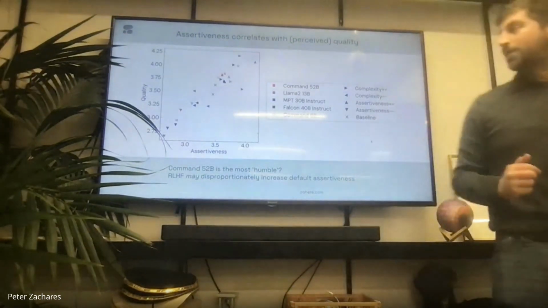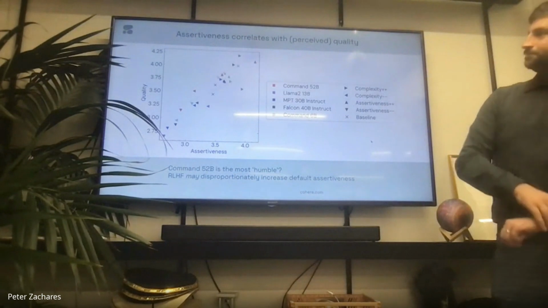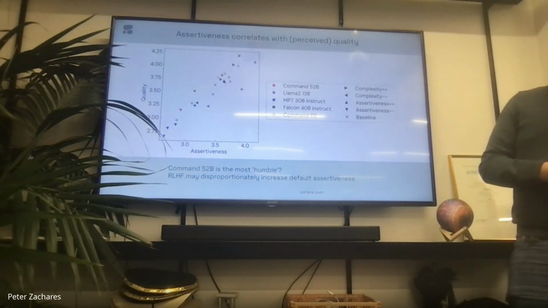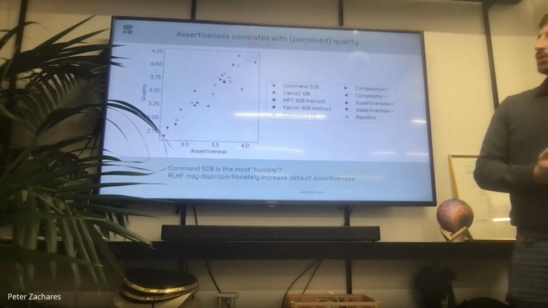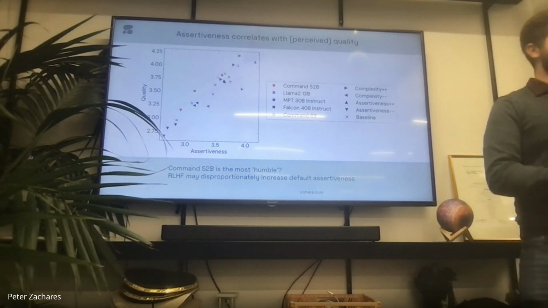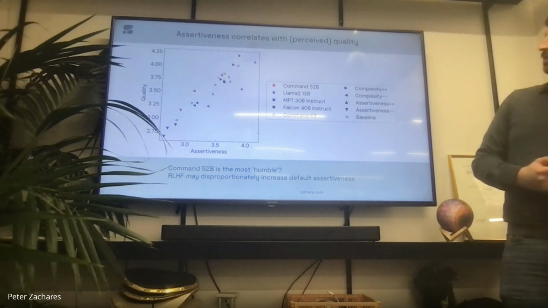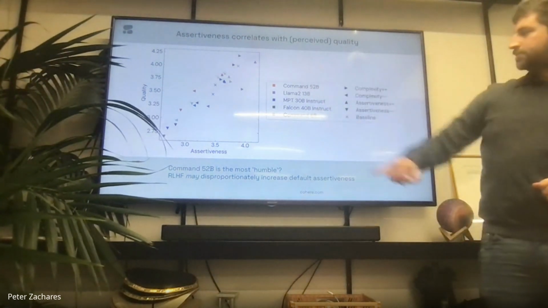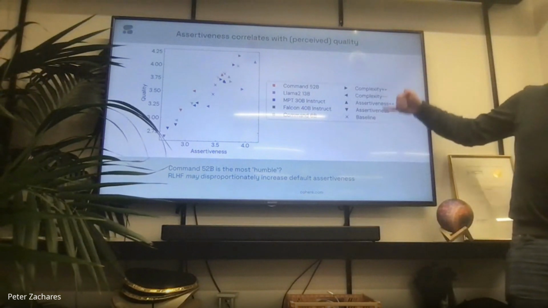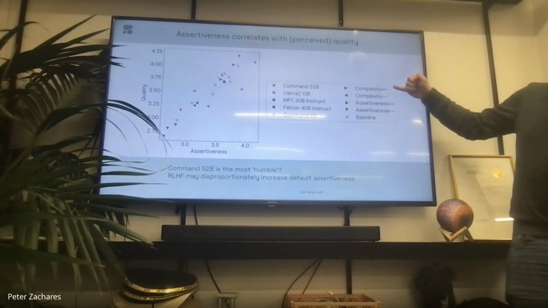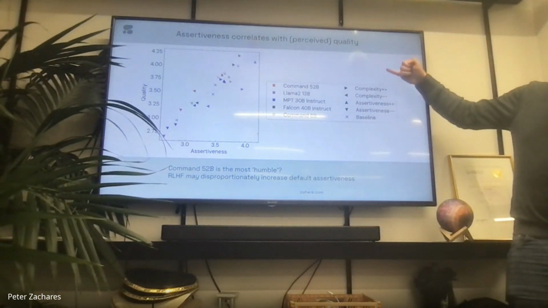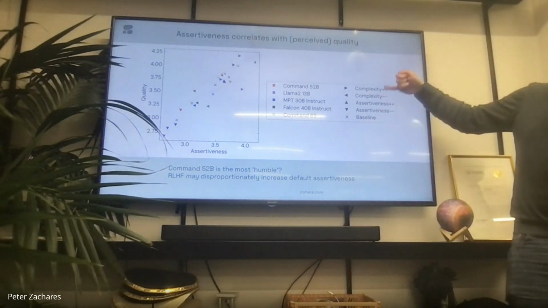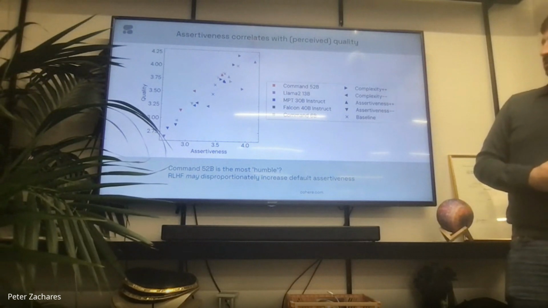Right. There's quite a lot going on in this plot. The main takeaway here is that assertiveness correlates with perceived quality. The different colors indicate the different models. These different arrows indicate the different modes in which we operated the model: increased complexity, decreased complexity, increased and decreased assertiveness.